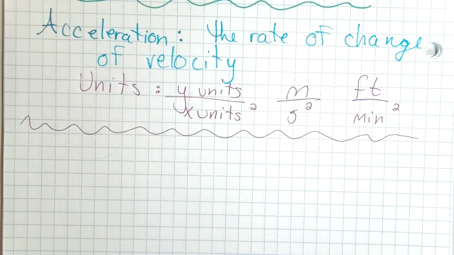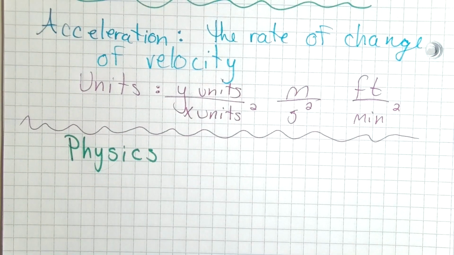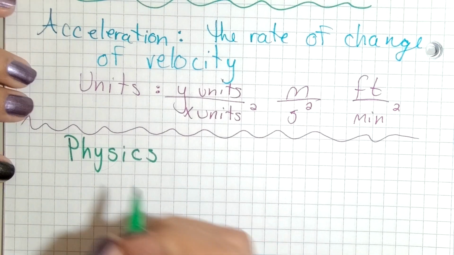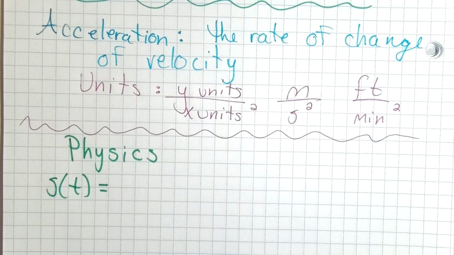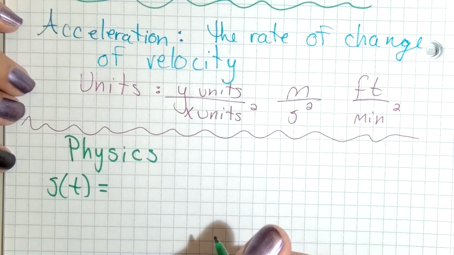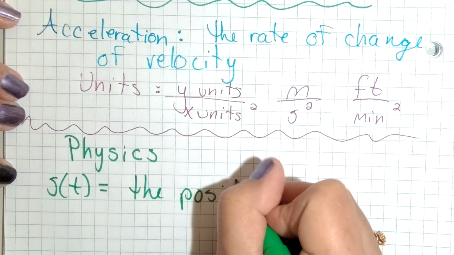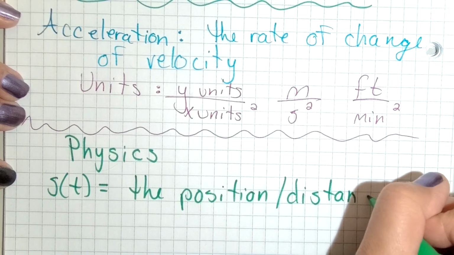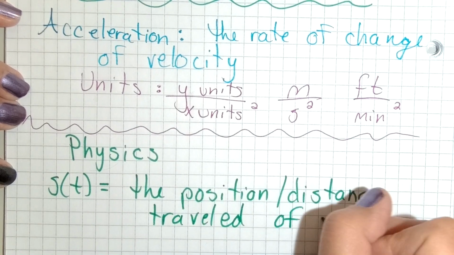Now let's specifically talk about physics. In physics, we have three different functions. We have the first function, s of t. S of t will give us the position or the distance traveled of an object.